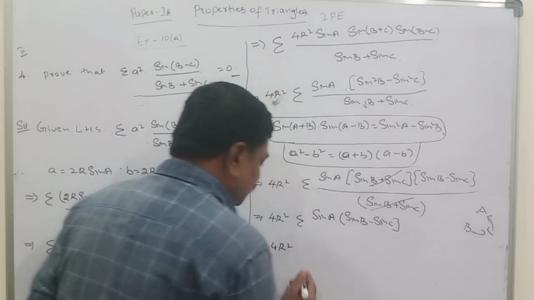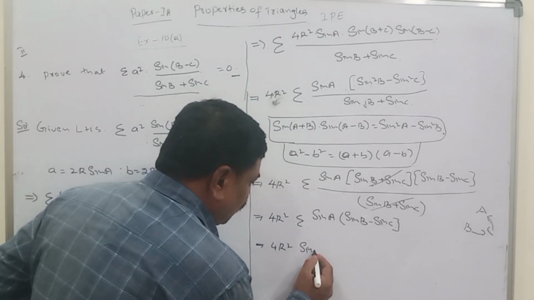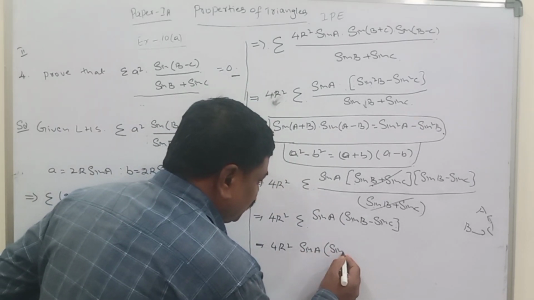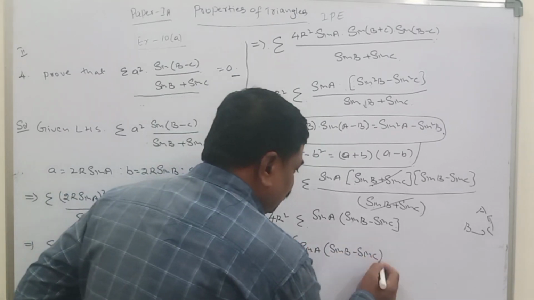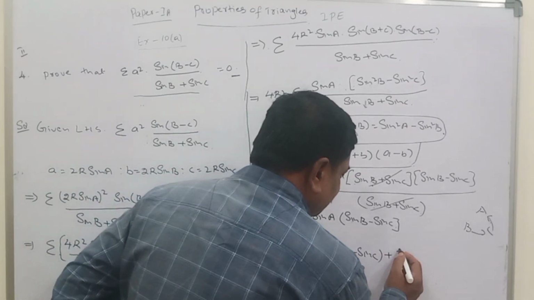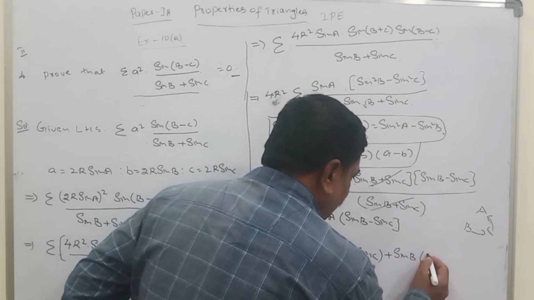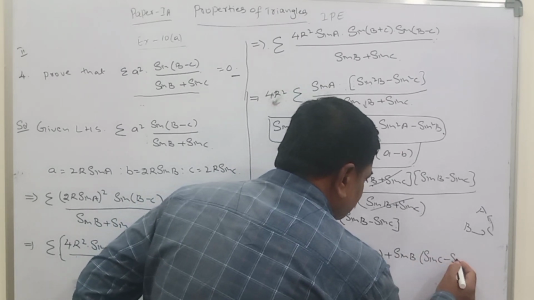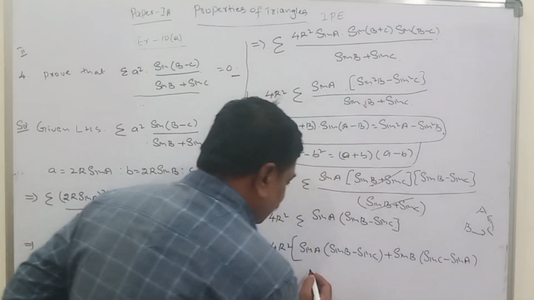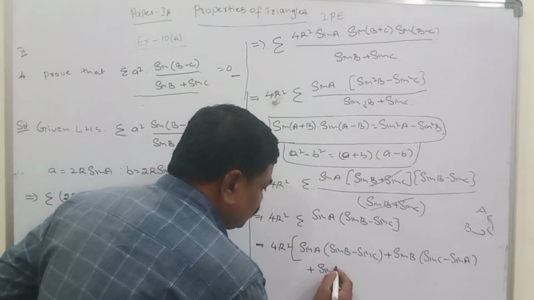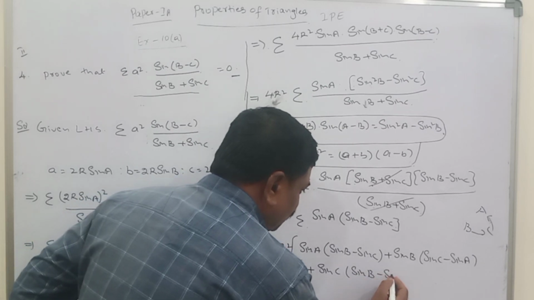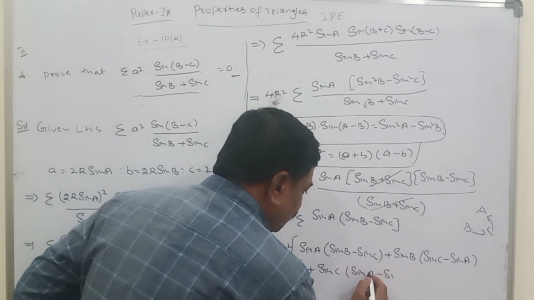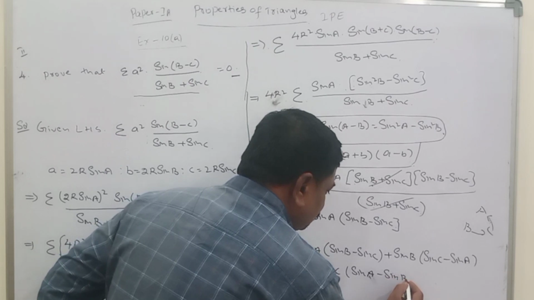So it can be written as sin A of sin B minus sin C, plus sin B of sin C minus sin A, plus sin C of sin A minus sin B.